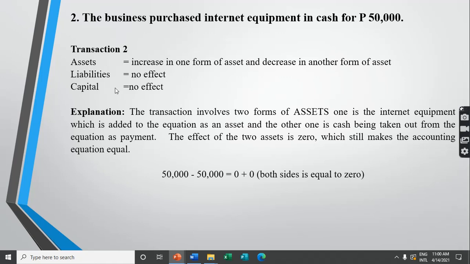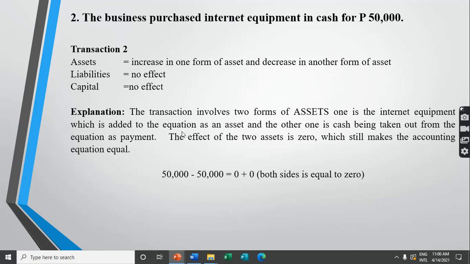Okay, sa capital naman, wala ding effect kasi hindi ka naman nag-invest dito sa capital. Tama? Okay, hindi naman in-state na in-invest mo yung internet equipment. Okay? So that is the effect of the transaction sa accounting equation.